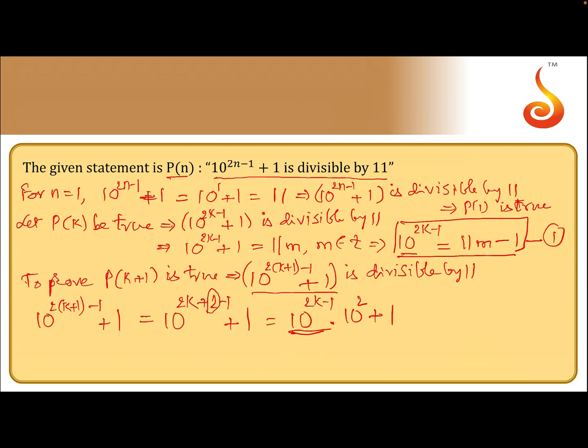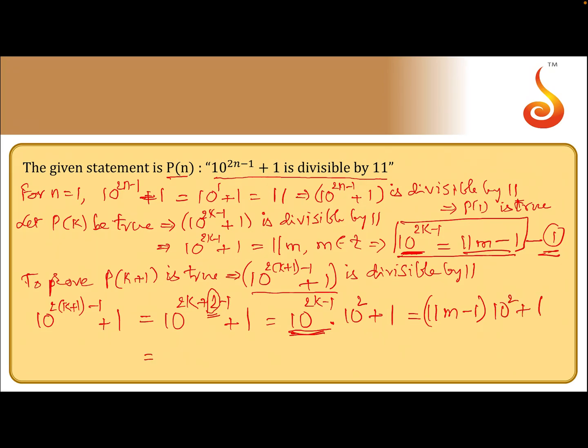For that sake, I am separating the exponent 2, the 10 power 2 separately. So from condition 1, 10^(2k-1) can be replaced by 11m minus 1, times 10^2, plus 1.